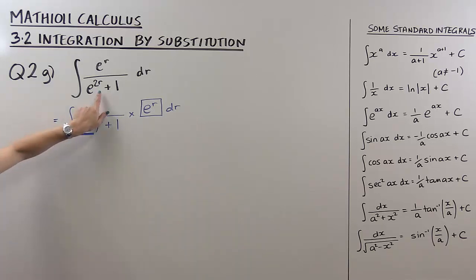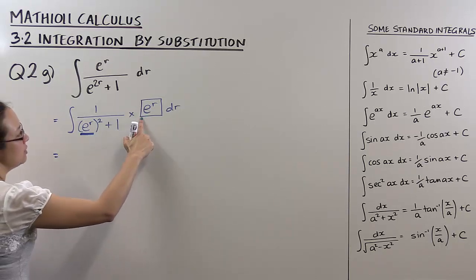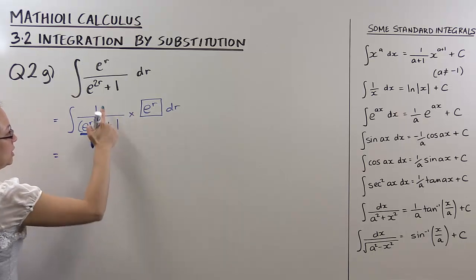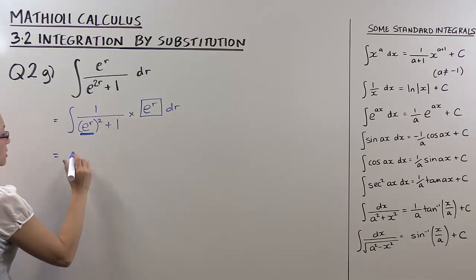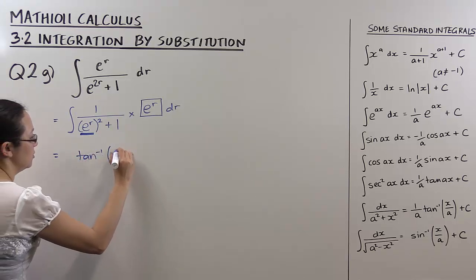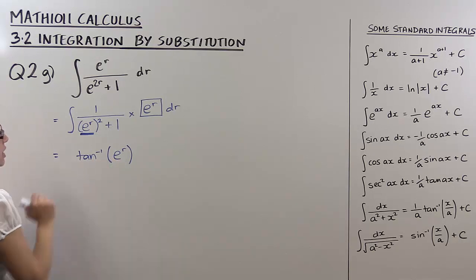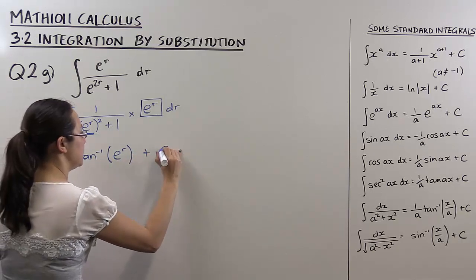So we need to recognize that we can rewrite it in this form. Once it's written in this form, we can use the reverse chain rule. This is the derivative sitting here, and 1 on something squared plus 1 anti-differentiates to inverse tan of e to the r, plus a c.